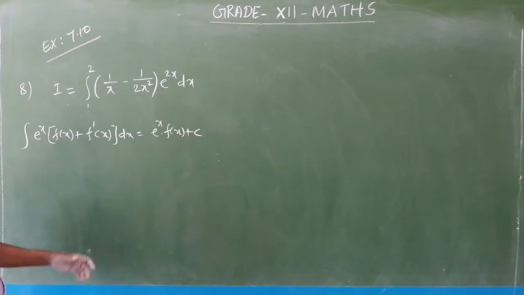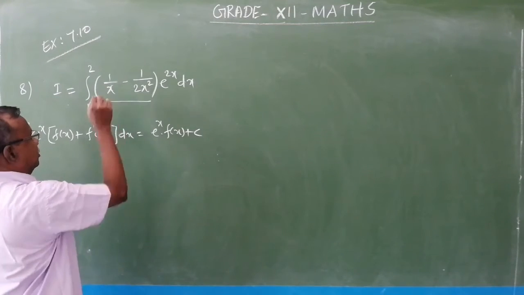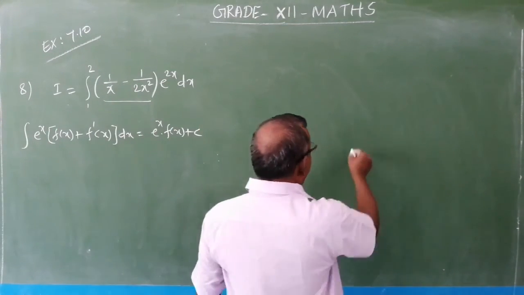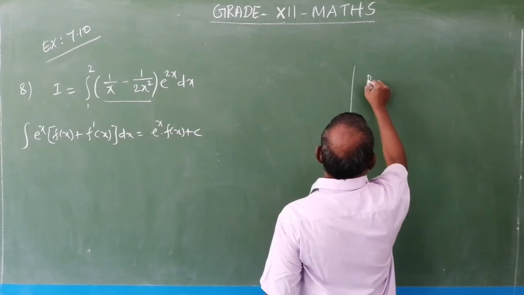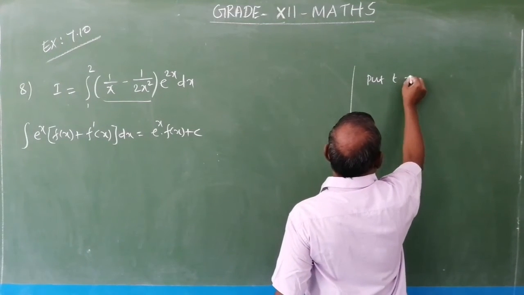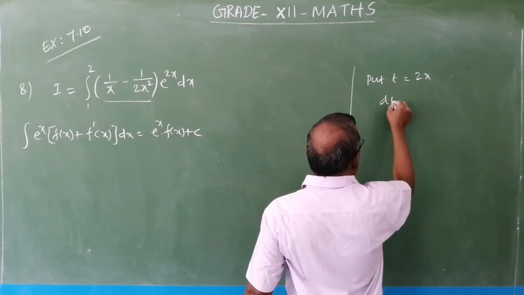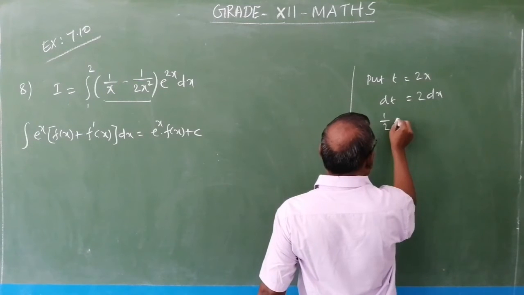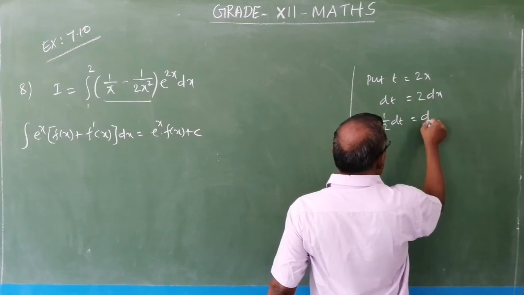So we have to change it like this by substituting 2x equal to t. Now put t equal to 2x. Therefore dt equals 2 into dx, or 1 by 2 dt equals dx.